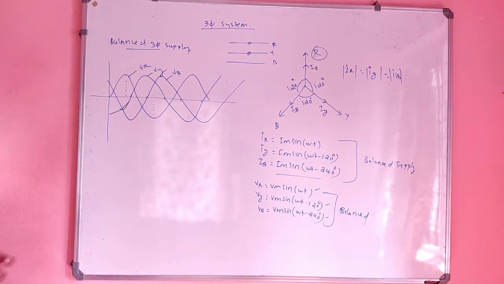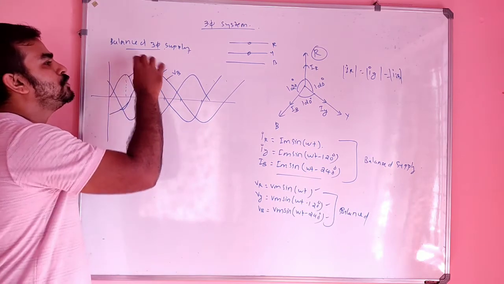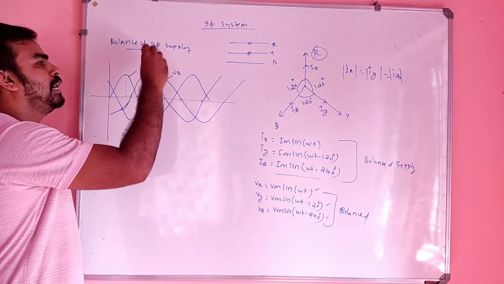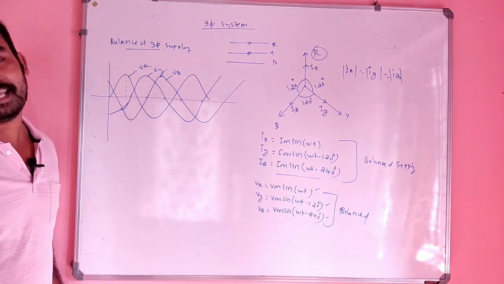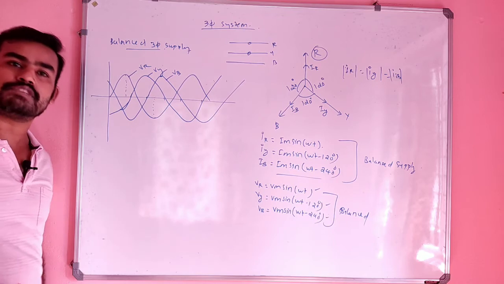So this is the three-phase waveform. Even though the magnitude of VR, Vy, Vb will be the same, the instantaneous value will not be the same.